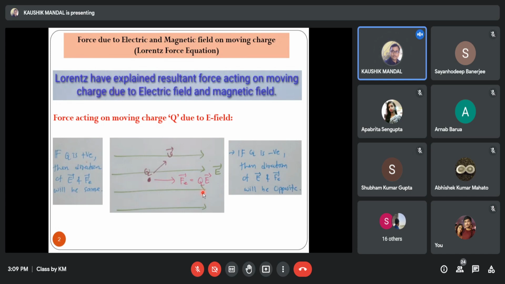Next, we will discuss the force on a moving charge due to the magnetic field.